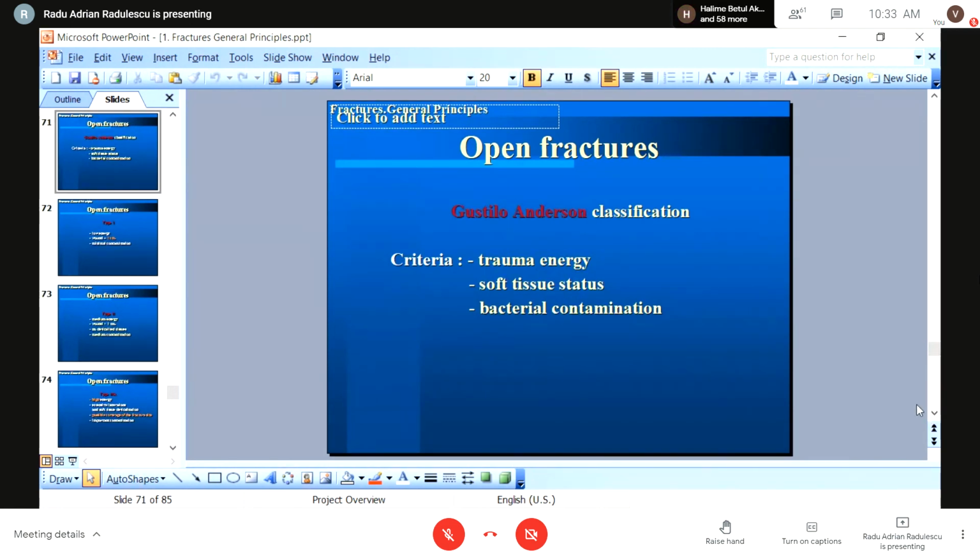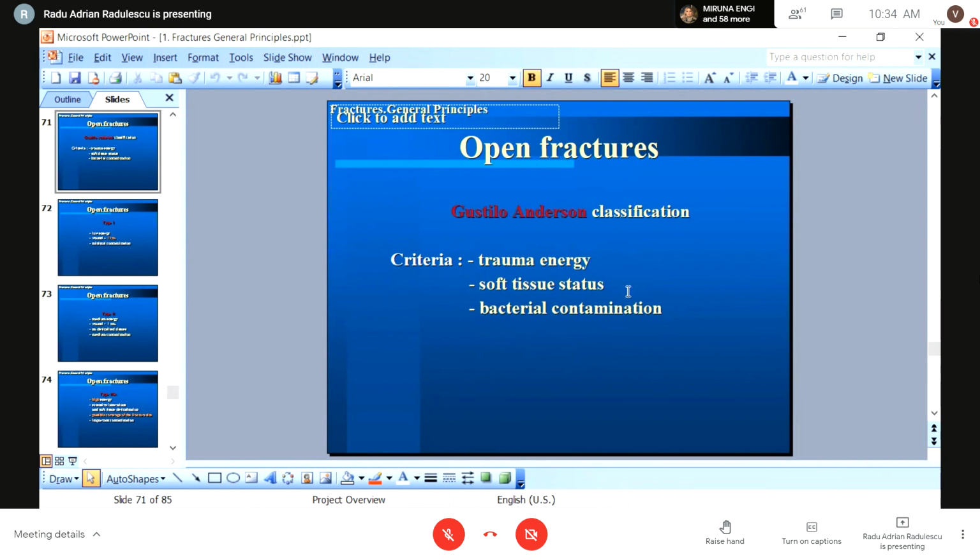There is a classification system of the open fractures which was imagined by Gustilo Anderson. This Gustilo-Anderson classification system is the most used classification system all over the world. So we have the same classification system here.